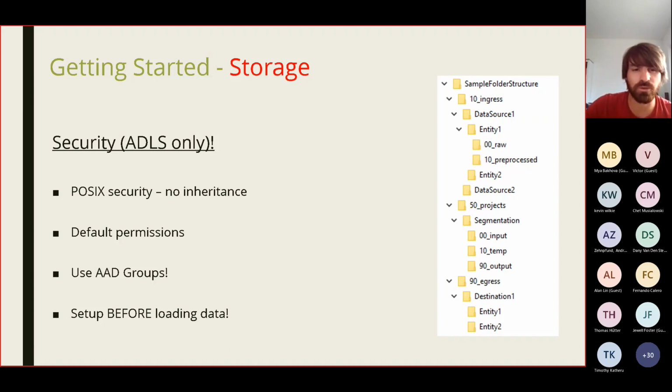And it's also highly recommended to use Azure Active Directory groups here and do not specify any service principals or single users directly on the data lake. Because otherwise, if you want to grant a new user access and you haven't used Azure Active Directory groups, in the worst case, you have to touch, I don't know, 10 million files in your data lake just to grant a new user permissions, and that's definitely not something that you want to do.